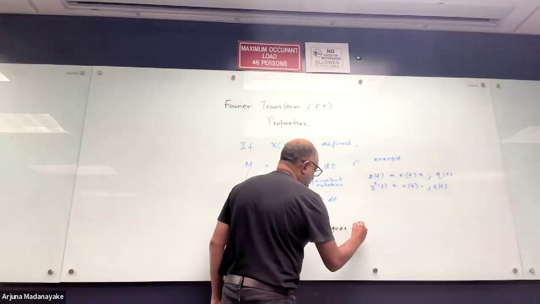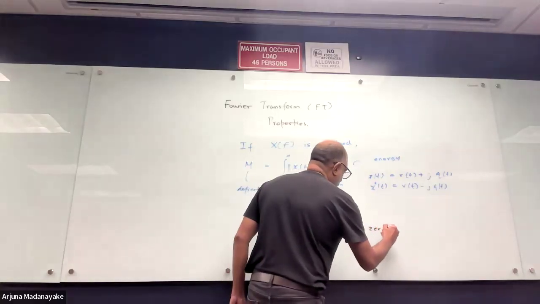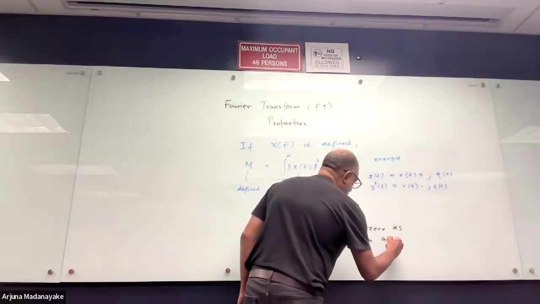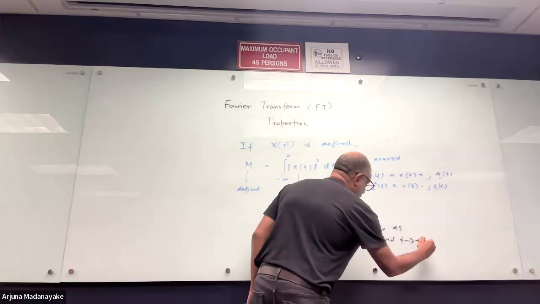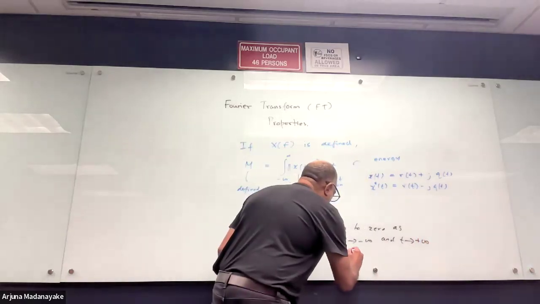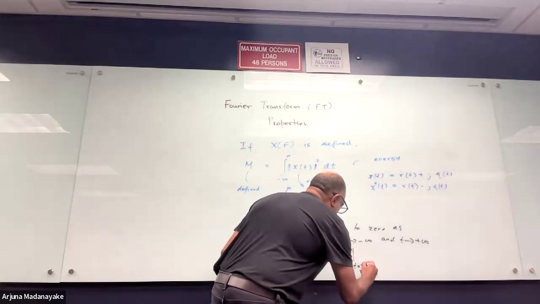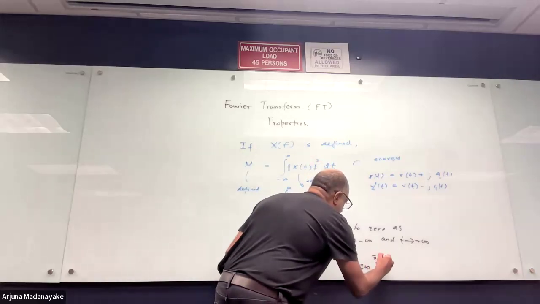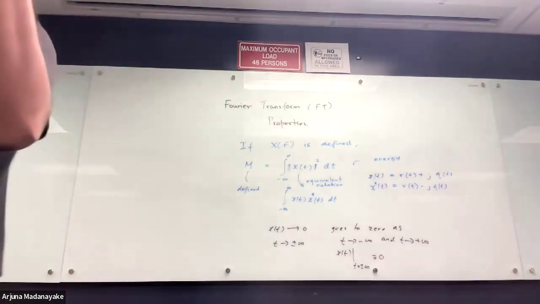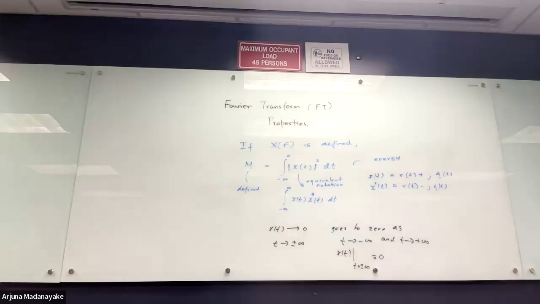So the function goes to 0 as time goes to negative infinity and positive infinity. So what that means is x of t as t goes to plus or minus infinity is equal to 0. At the end points of the function, it's 0.